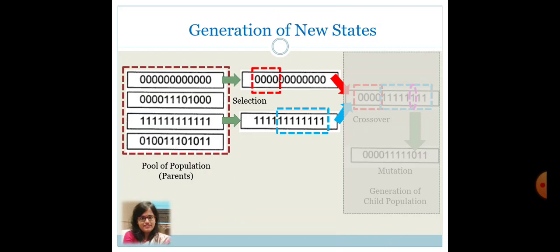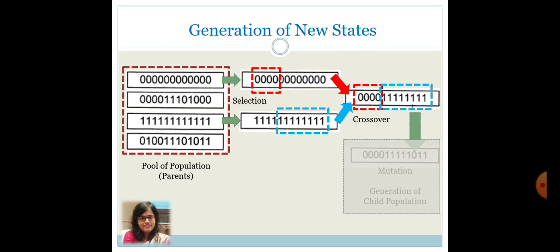Now it's the time for crossover. For this, we need to consider a crossover point. Based on this point, two portions from two parent genes are combined and only one result is given here, and another result can be obtained by combining the remaining two portions from the selected parent genes.